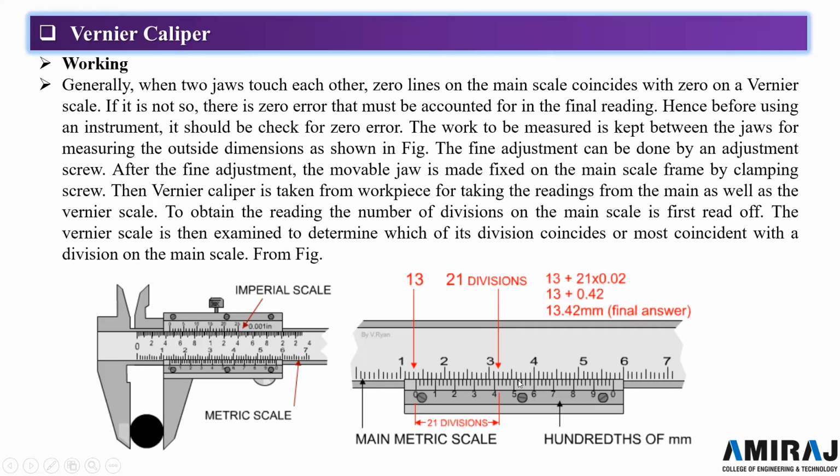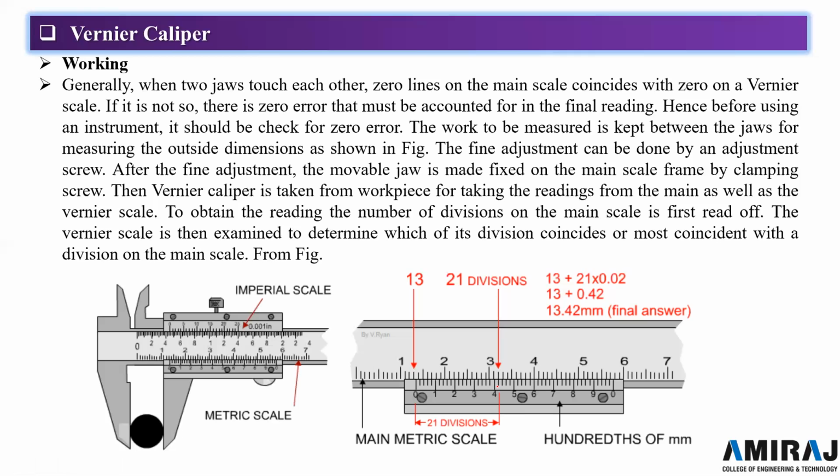फिर हमको क्या करना है कि वर्नियर कैलिपर पे देखना है कि कौन सा वाला लाइन जो है वो सबसे ज्यादा कोइंसाइड करती है विद द मेन स्केल. सो इफ वी लुक ऑन टू दिस, देन देयर इज द डिवीजन नंबर दिस. ओके, देयर इज द 21 नंबर ऑफ डिवीजन, 21st. Okay, so that is perfectly coinciding.